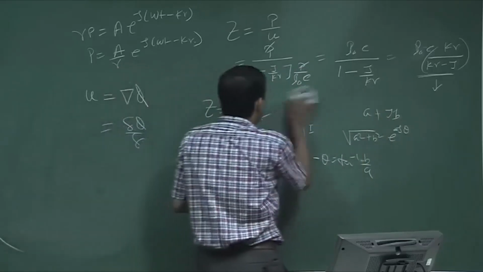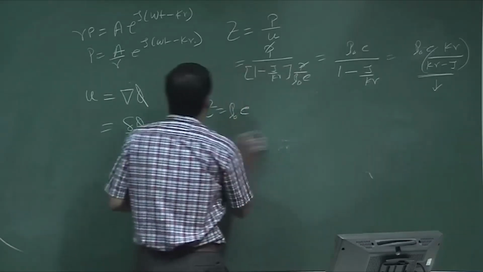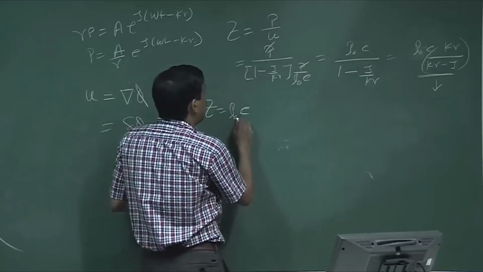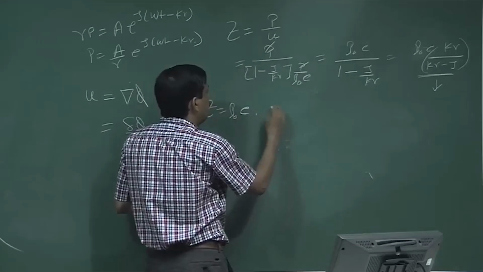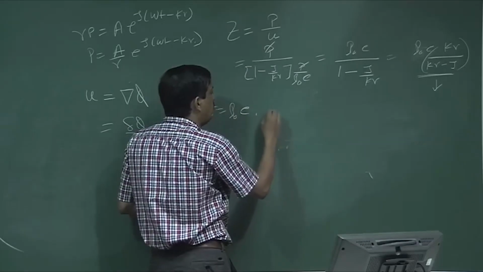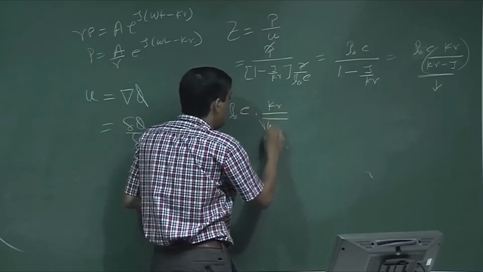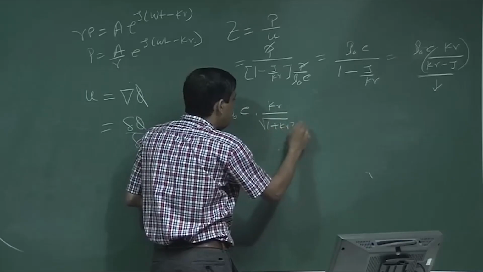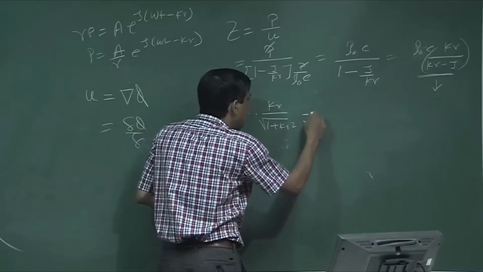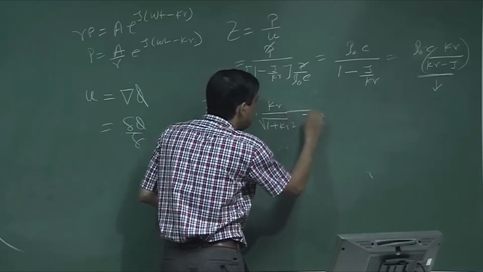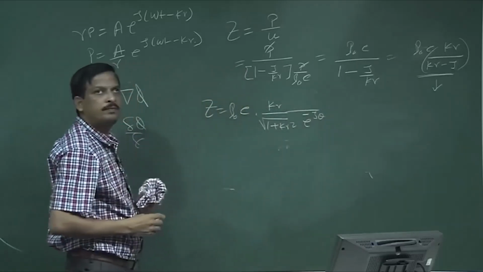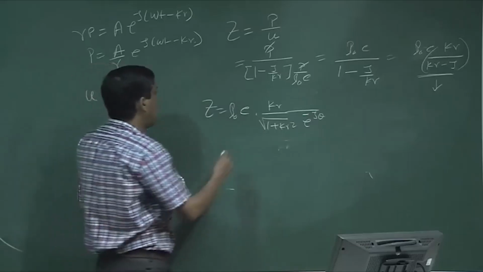So instead of 1 by k r into j, I can write rho C into k r by root over 1 plus k r square into e to the power minus j theta.